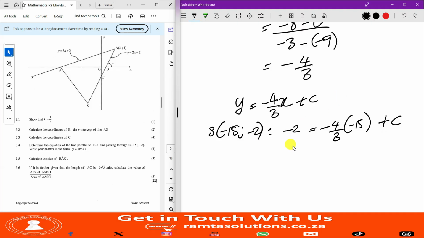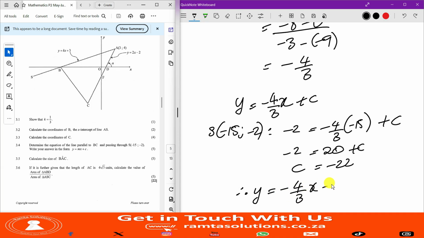So minus 2 equals minus 4 over 3 times minus 15, which is positive 20, plus c. Therefore, c is negative 22. We can therefore conclude that this equation is y equals minus 4 over 3 x minus 22.